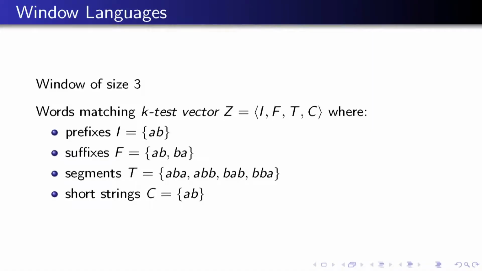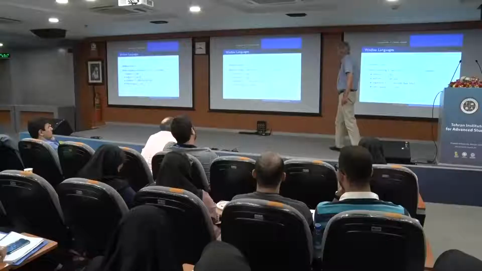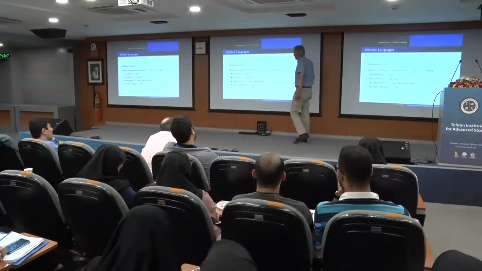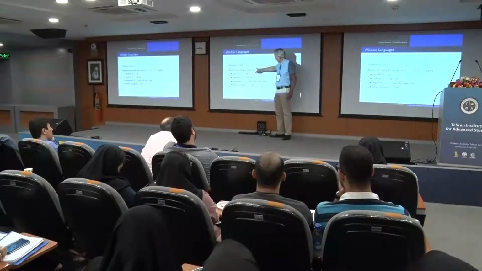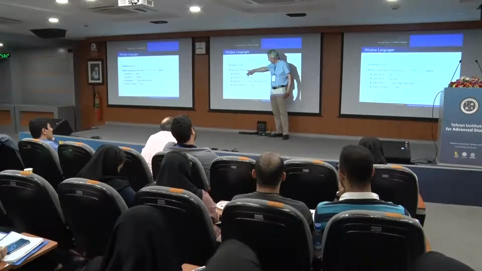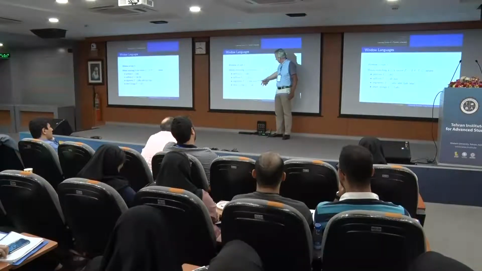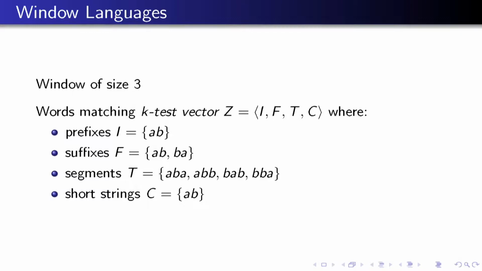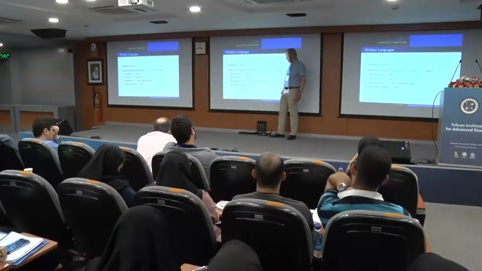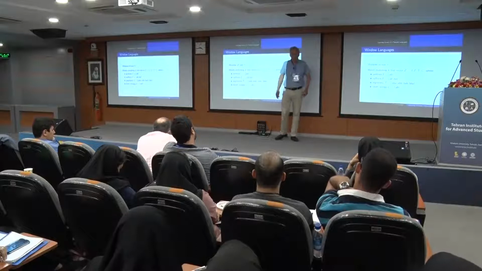Let me give an example. So suppose this is our test vector. We say, okay, the word should begin with AB. It should end either with AB or with BA. And any segment of 3 symbols should be one of these possible sequences: ABA, ABB, BAB, and BBA. And then we also accept AB.